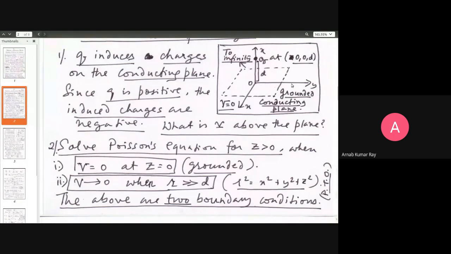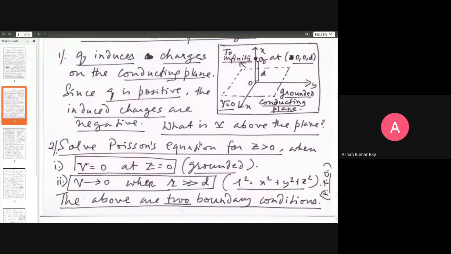Now, what are the boundary conditions with which? Here we have the idea of uniqueness. Solve Poisson's equation for z greater than 0 when V is equal to 0 at z equal to 0. On this plane, V is equal to 0. That is the first boundary condition.